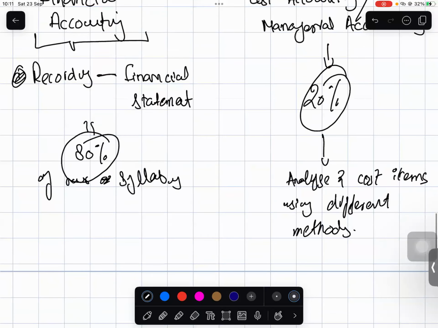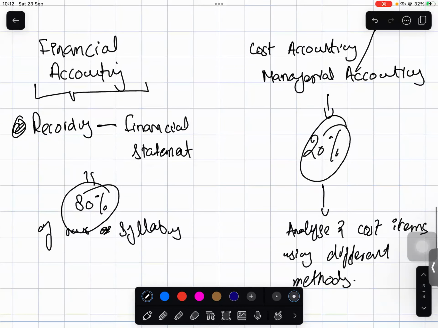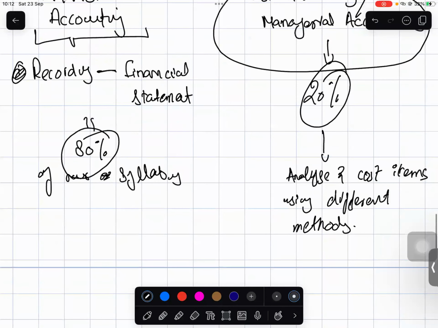So there are 3 or 4 methods. You learn them, it's only in this syllabus especially. When you learn them, you're done with cost accounting. So this is the part of the syllabus which we will touch upon in the end. We'll start with financial accounting. Now, is that clear? Yes.